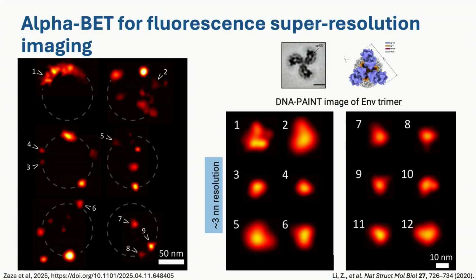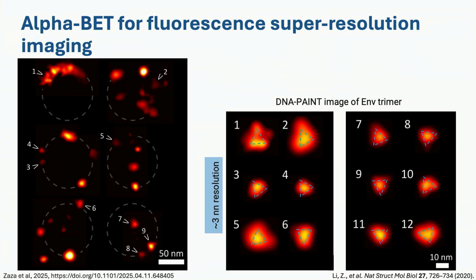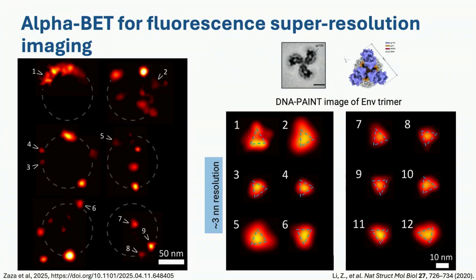And here, this is the expected structure of one of the mutants, so they are pretty similar. And here I'm adding the guide to see these triangles. We are really at the limit of the resolution of the technique, but I hope you can also see the triangles here.